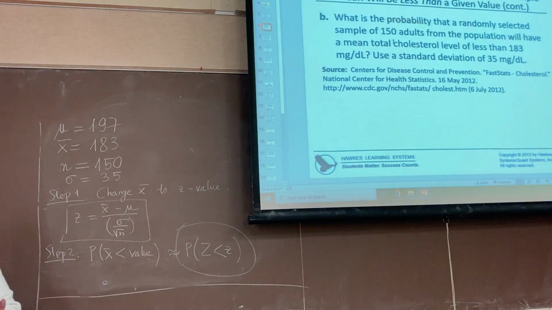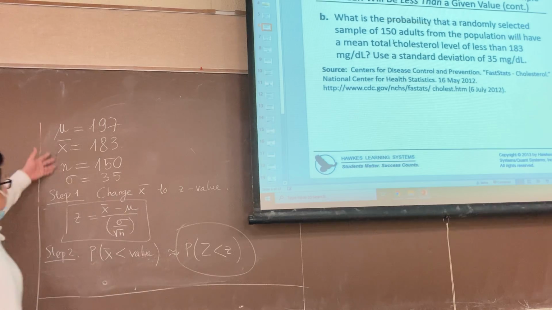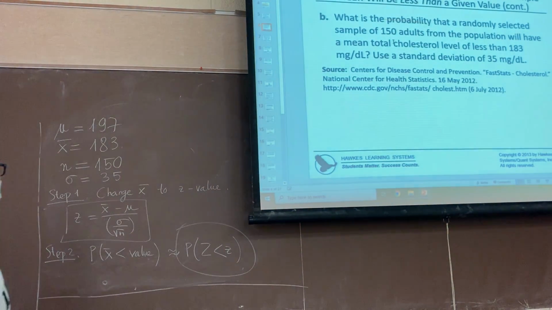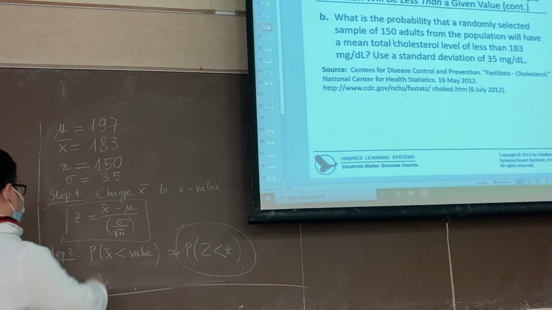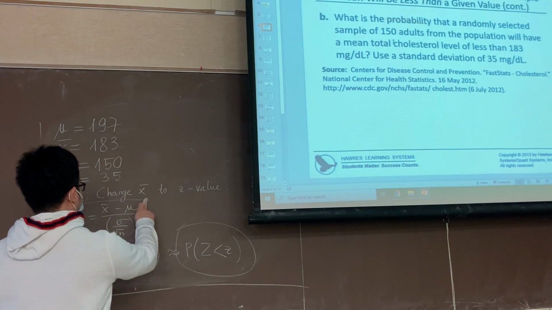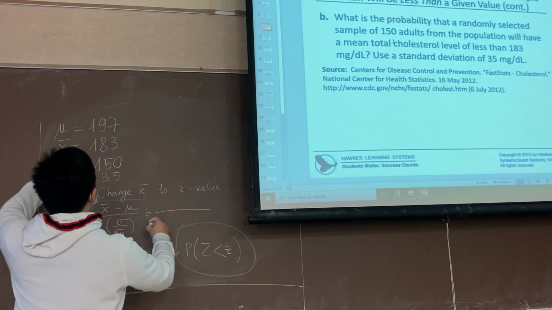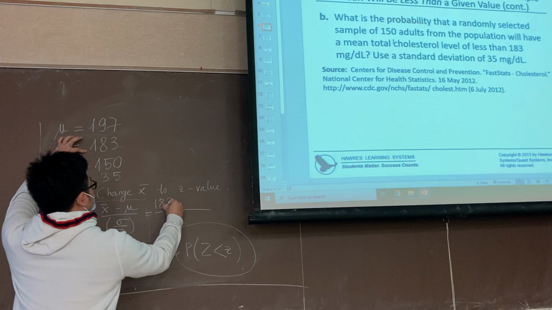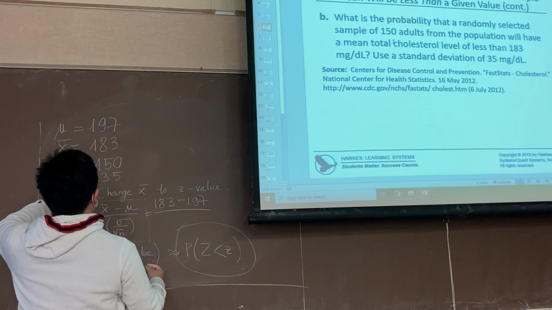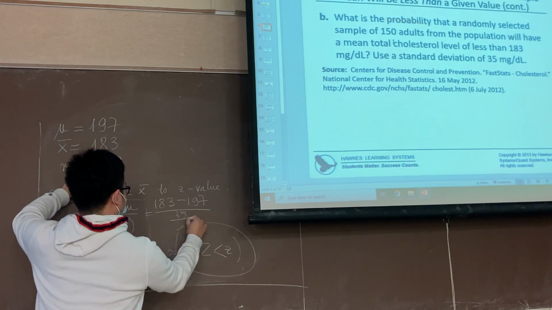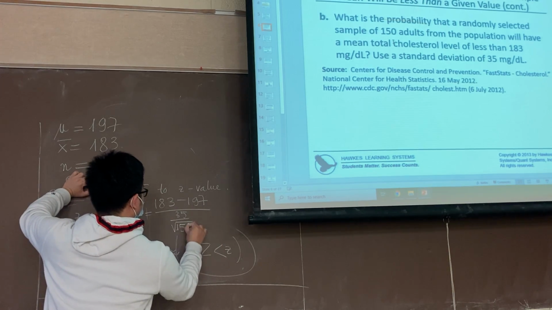Okay, so we list all the assumptions here. The first thing, we need to list all the assumptions. Step 1, change x bar to z value. We have this formula: z equals x bar minus mu over sigma over square root of n. So x bar here is 183 minus mu here is 197, over sigma here is 35 over square root of 150.